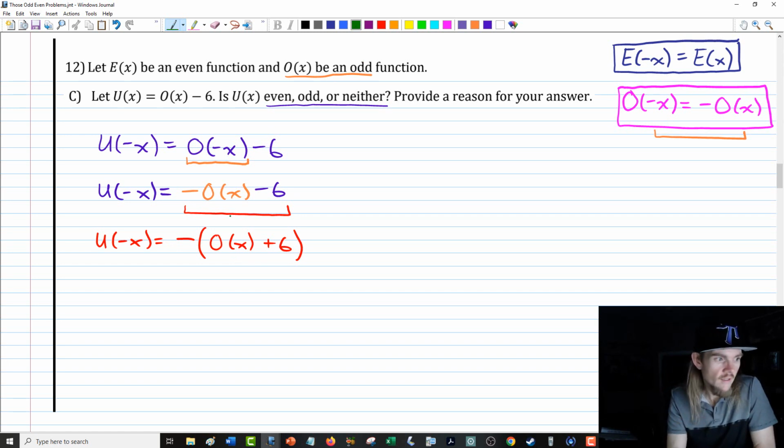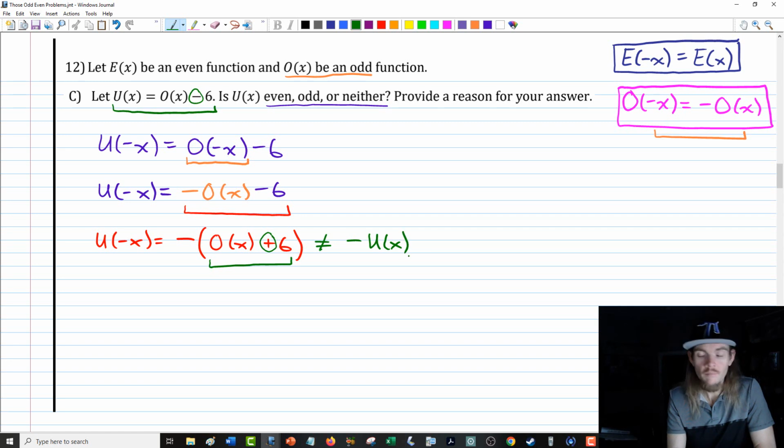But here's the thing. O of x plus 6 is not what we started with. It's just not the same thing. That one had a minus 6. I would circle it. This one has a plus 6. Meaning this does not equal negative u of x. So in that case, if u of negative x doesn't equal negative u of x, u is not odd.